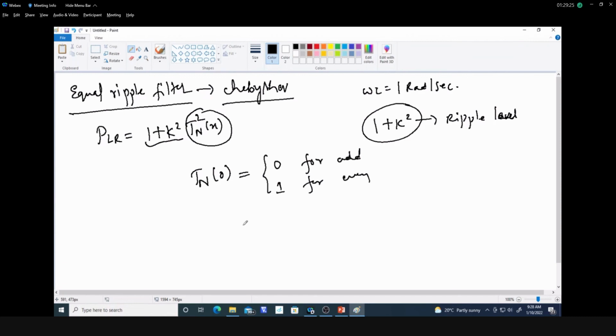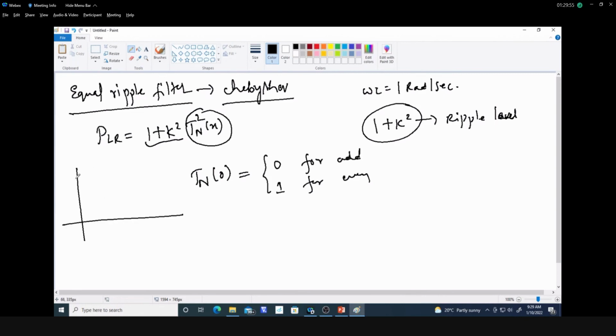Now, with the power loss ratio equation, we can see that the filter will have the unity power loss ratio at omega equal to 0. If you take the filter response at exactly omega equal to 0, we will have the unity power loss ratio. That power loss ratio will become equal to 1, and it will be 0 dB.